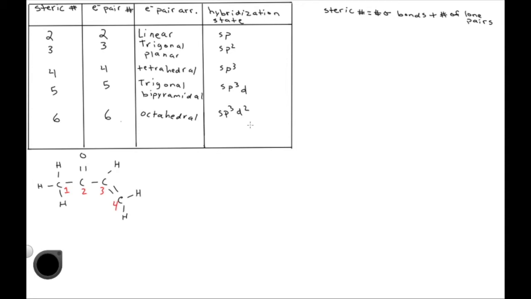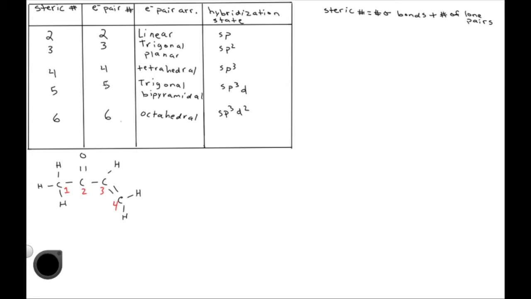And so mostly we're going to be dealing with the first three hybridization states, sp, sp2, and sp3. These examples will not be dealing with sp3d and sp3d2 hybridization states. So it's a good idea to keep this chart handy in the future.